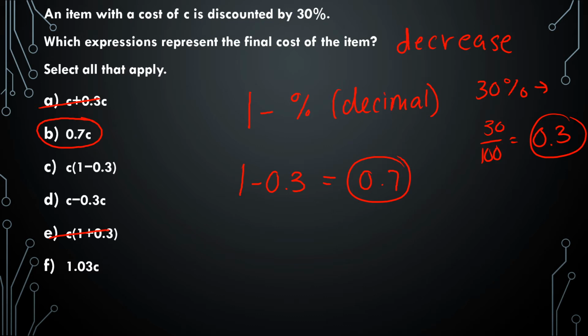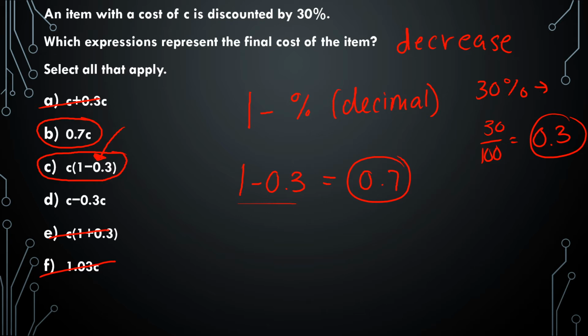This one down here with F, I know F is wrong because 1.03 is very different from 0.7. This answer here, C, is correct. If I think about it, this part in the center here in the parentheses is what I just did here. So this is going to give me the same answer. The C variable in these answer choices is representing the cost of that item.